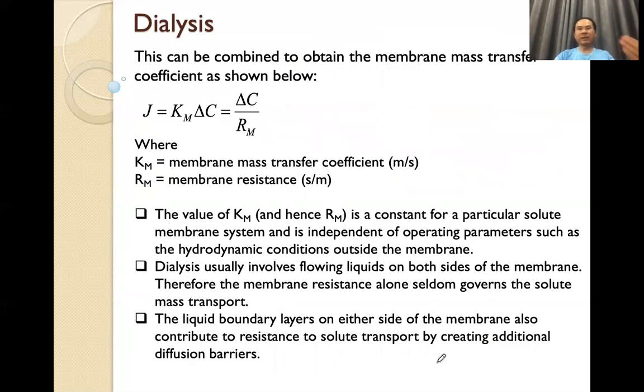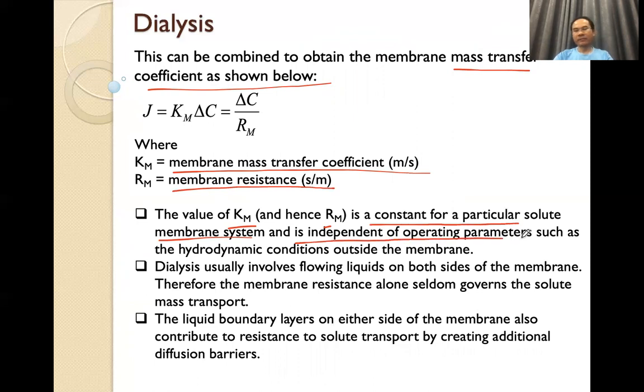In this case, you can combine this into the membrane mass transfer coefficient, as shown by J equals Km ΔC, or equals ΔC divided by Rm. Km is the mass transfer coefficient, and Rm is the mass transfer resistance. We can assume Km and Rm are constant for a particular solute-membrane system, independent of operating parameters such as the hydrodynamic conditions outside the membrane.